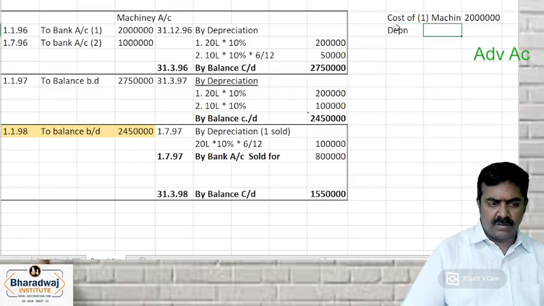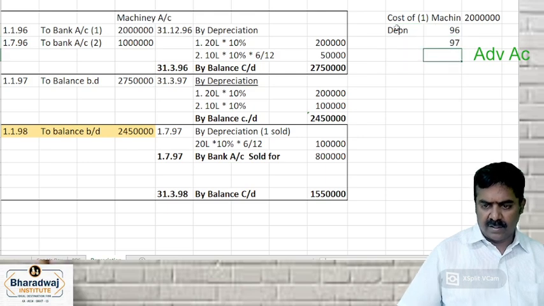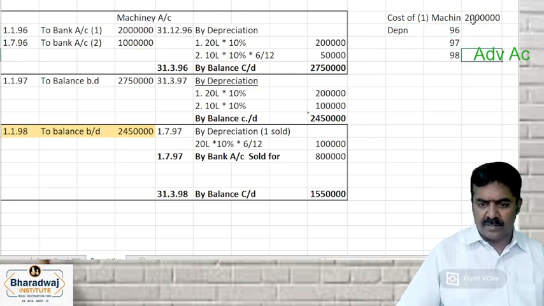Depreciation for 96, 97 and 98 up to the date of sale: 2 lakh, 2 lakh, up to the date of sale 1 lakh depreciation.